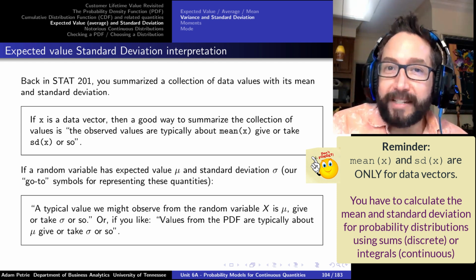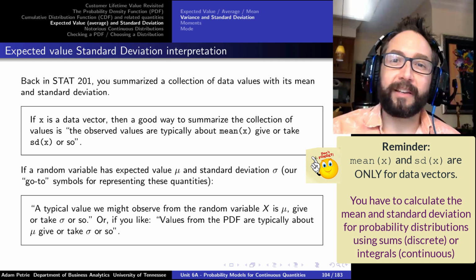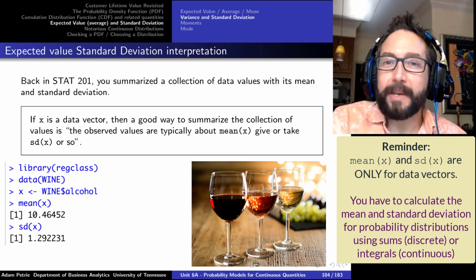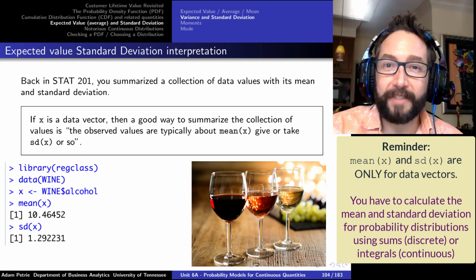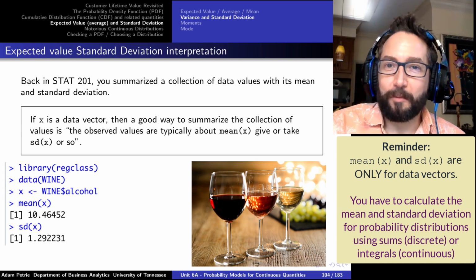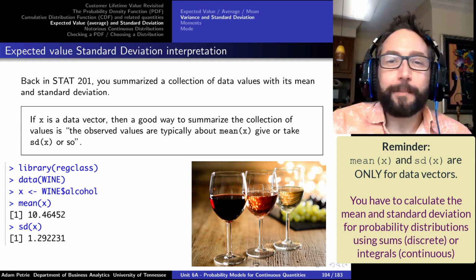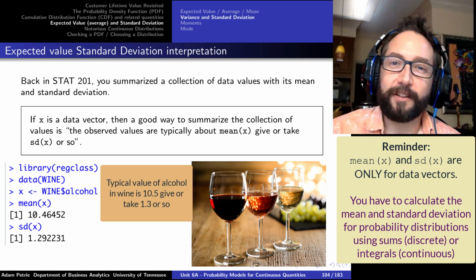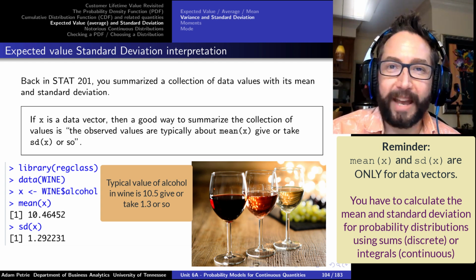So if you've collected data, and let's say you've stored it in a vector x, well, you can get the average of that data vector by saying mean of x, and the standard deviation of that data vector with SD of x. And we can say that, okay, once we have the mean and standard deviation, the observed values are typically the mean of x, give or take the standard deviation of x or so. So when x is a vector of data values, mean and SD get you there.